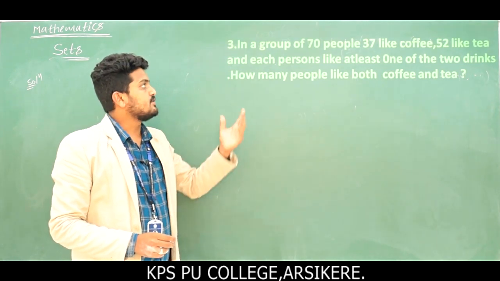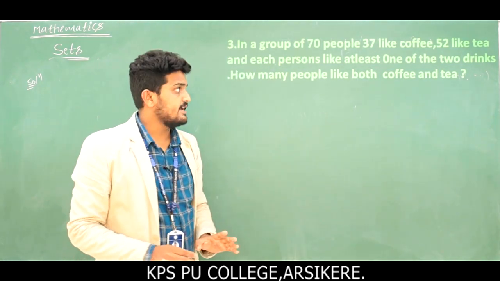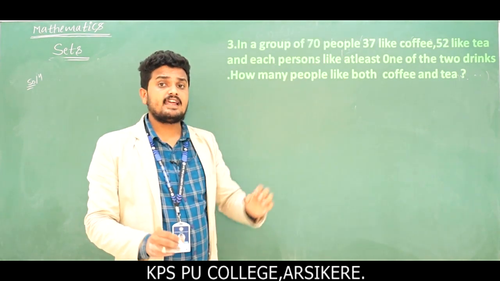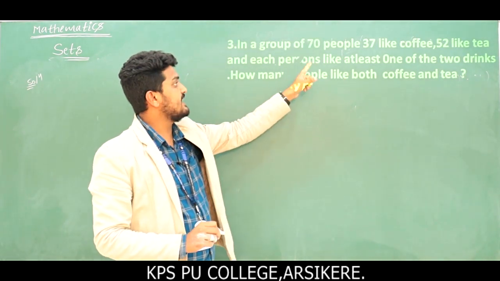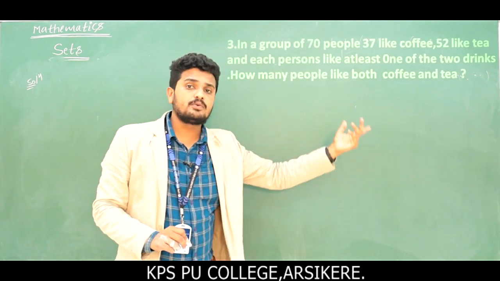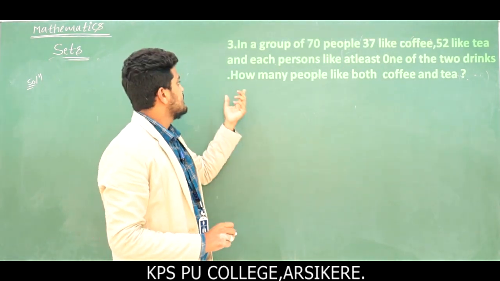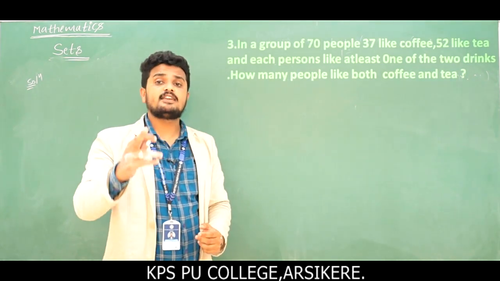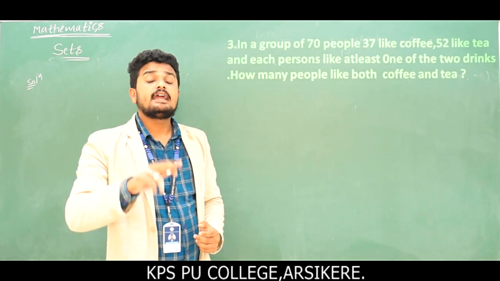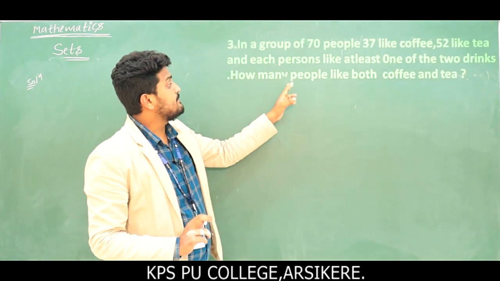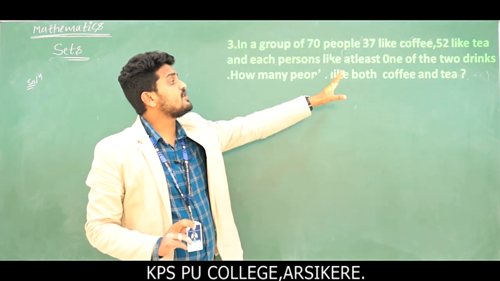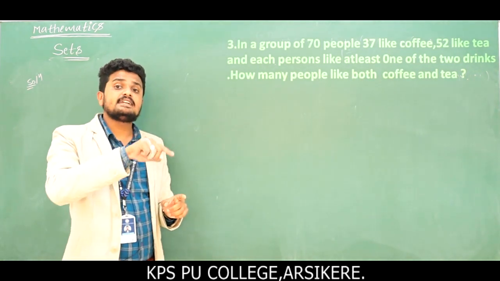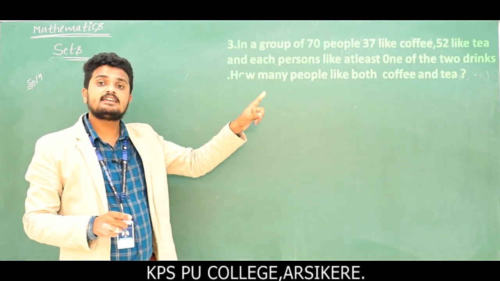So in total, how many people are there? 70 members. If one person likes tea, another person likes coffee, because each person likes at least one of the two drinks. So they may like either. Then how many people like both coffee and tea? Remember, both is nothing but intersection. So we have to find n of C intersection T. C is coffee, T is tea.